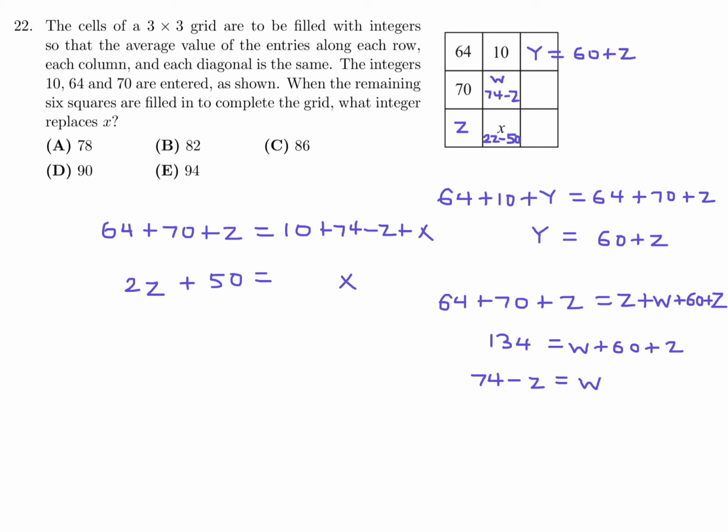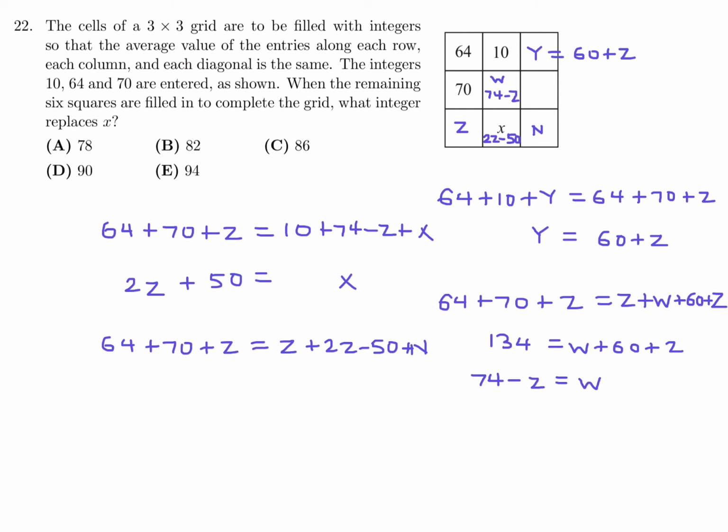All right, where do I want to go next? A lot of comparisons here. I'll just do this one. I think this should be the last one. Let's just use the standard comparison, 64 plus 70 plus z, and then with that row, several choices here, z plus 2z plus 50 plus n.